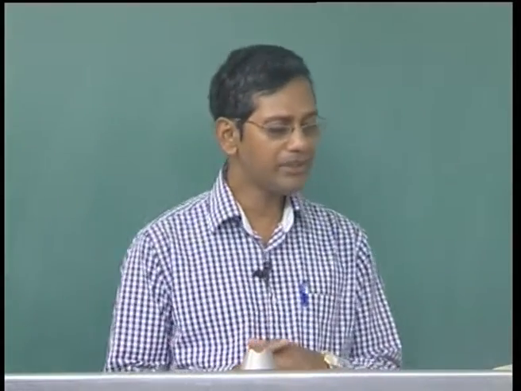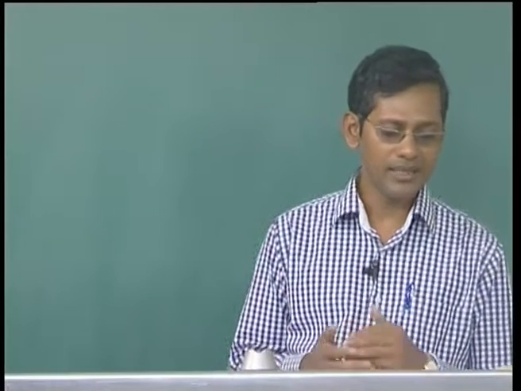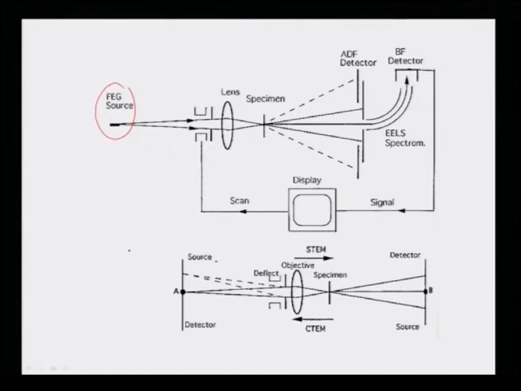So, that the diffracted beams coming out from the exit surface of the specimen can have sufficient intensity to give information regarding the sample. That is why FEG sources are normally used. To give an idea, if I take a field emission gun source, a 1 nanometer beam has a current of 0.5 nanoamps.